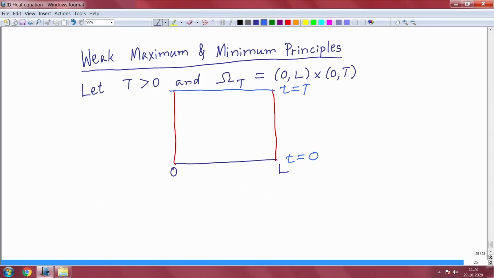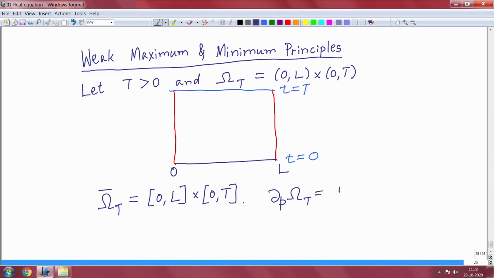Okay, so, what is omega t closure? That is simply [0, L] cross [0, t]. Now, you consider the union of these 2 red lines and this black line. Denote that by del p omega t.